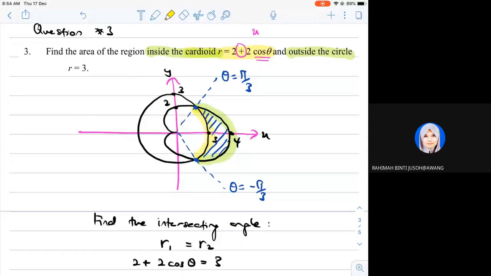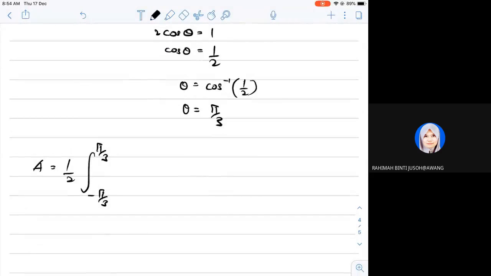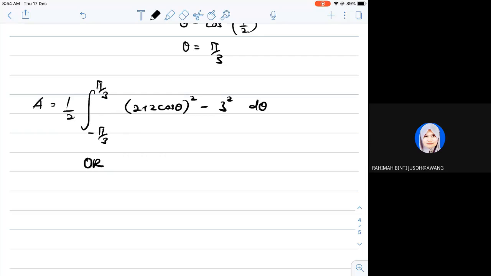So that's why cardioid minus circle. Okay, so we have cardioid (2 plus 2 cos theta) squared minus 3 squared circle, d theta.